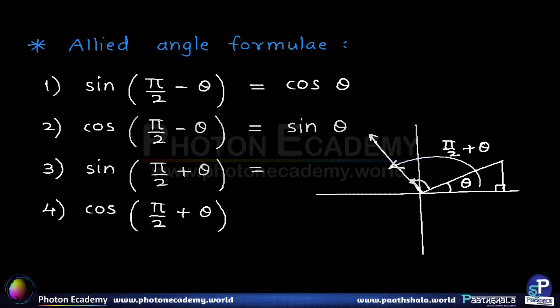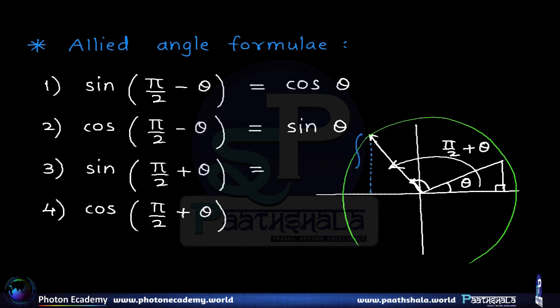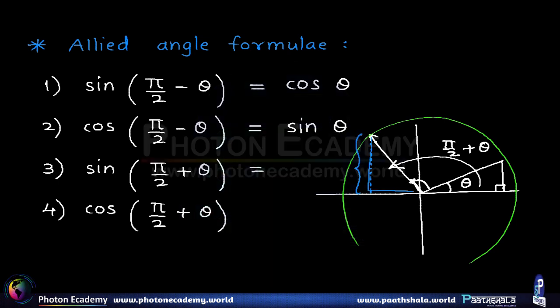Now we have to find the sine of this big angle pi by 2 plus theta. That means if you remember that analogy of the rotating vector, by sine we mean it is the y coordinate, that is the length as shown here. So clearly the triangle shown on the left side is congruent to the original triangle formed by the angle theta.